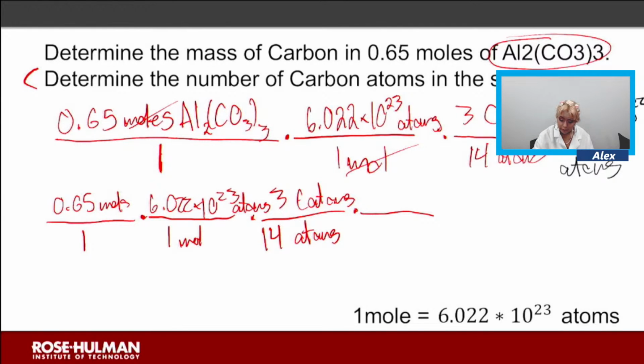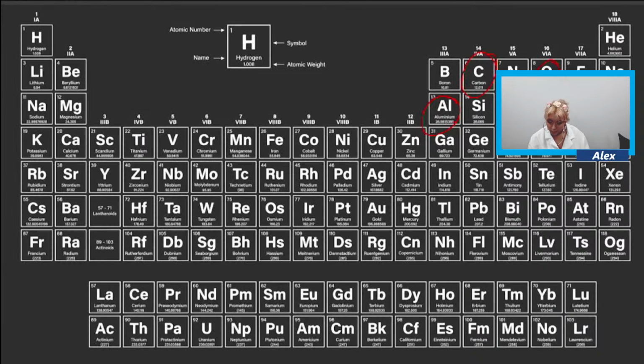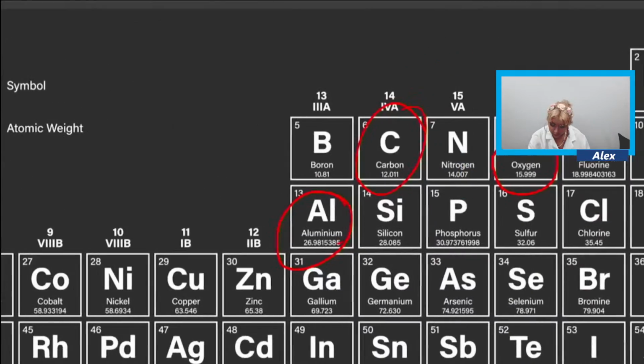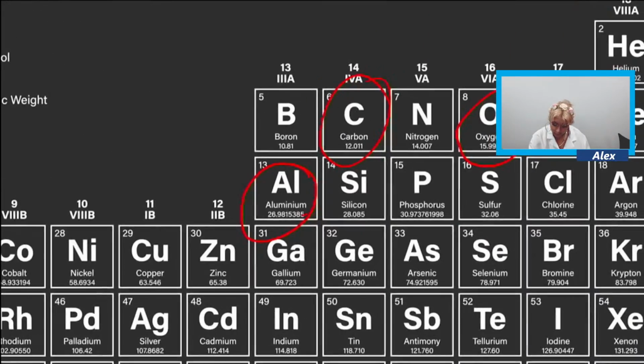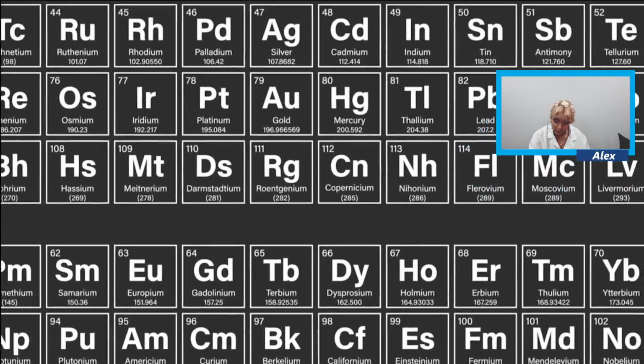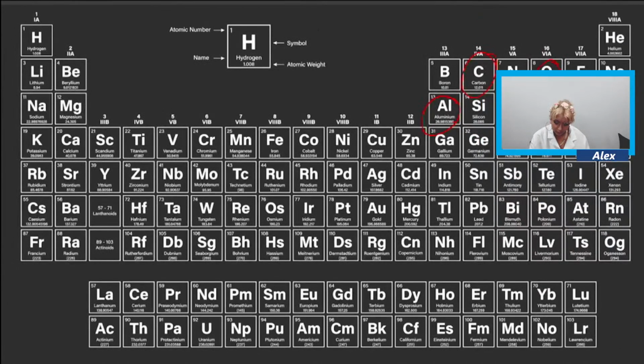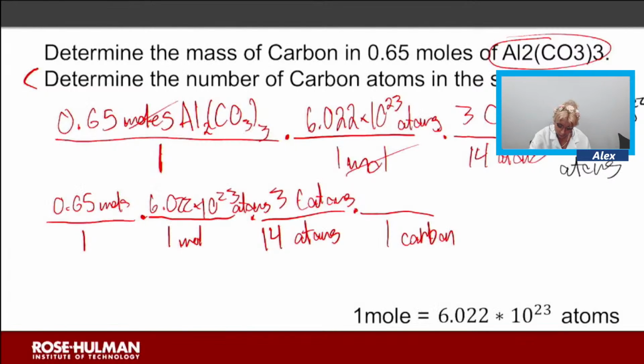And for 1 atom of carbon, you can see it here on the periodic table, it is 12.011 AMU, and that's atomic mass units.